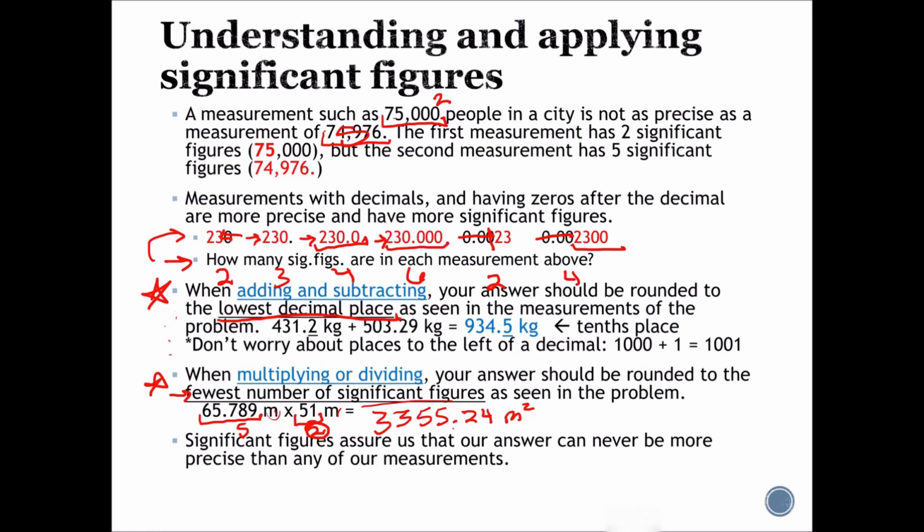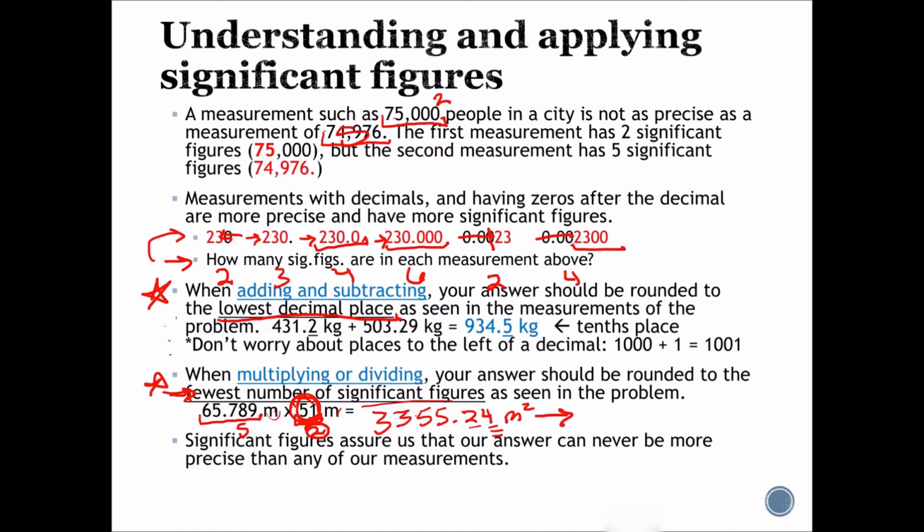So our answer can't be more precise. Now this is telling me that I have my meters measured out to the nearest centimeter, or the hundredth place, but this value here is only measured to the ones. I only have two significant figures here. And when multiplying and dividing, I need to round to the fewest sig figs seen in the problem, so I'm going to round this to two significant figures.